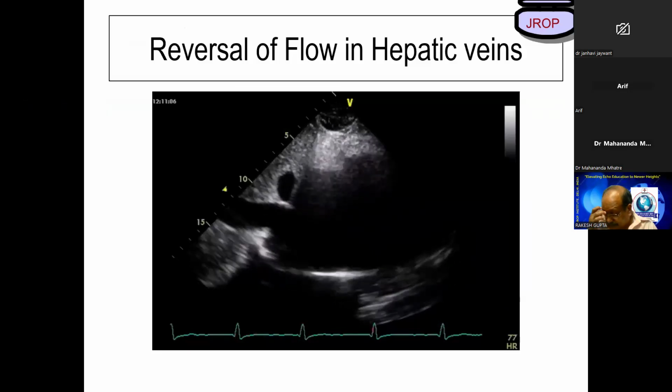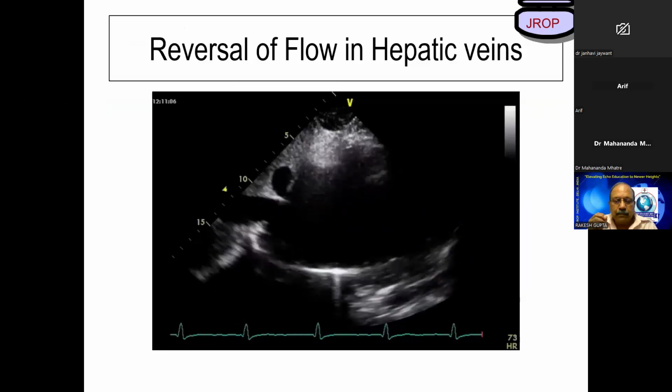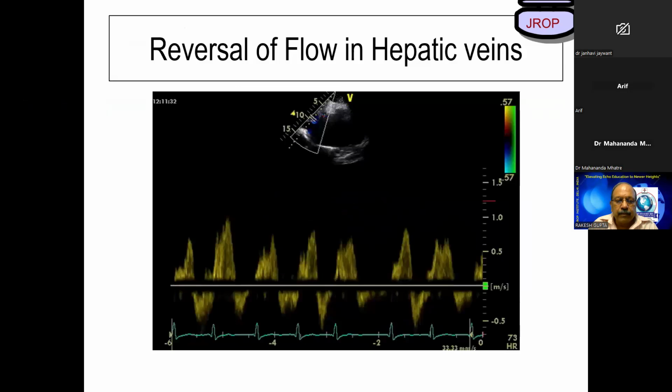Yeah, so the previous Doppler spectral pattern. Yes, sir. Sir, here the spectral pattern above the baseline is the systole that you mean, right, sir? Correct. How do you say above is systole?